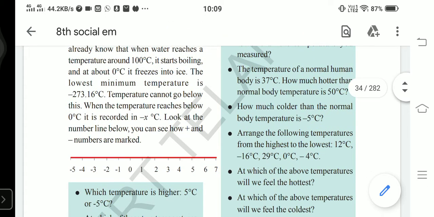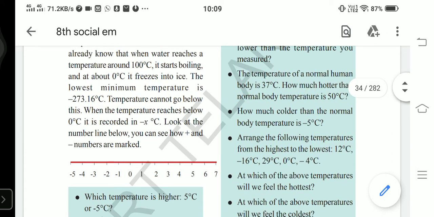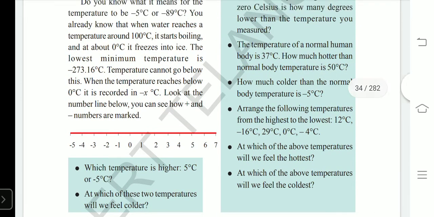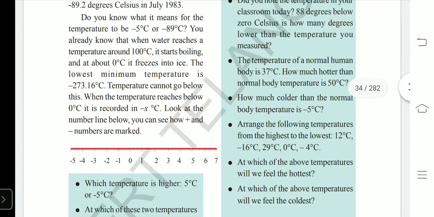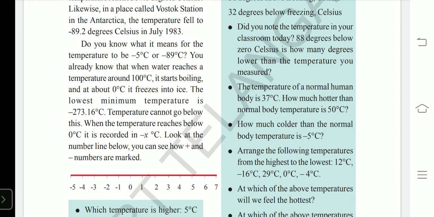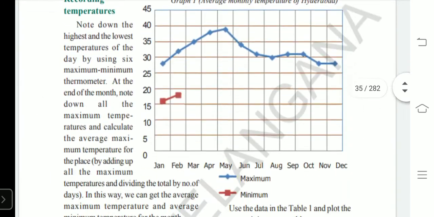And what type of thermometer do we have to use? The thermometer in which the lowest scale, minus 273.16 degrees centigrade, is there should be used, right? These are the points we have learned up to now. Now we'll see the factors which influence the temperature.